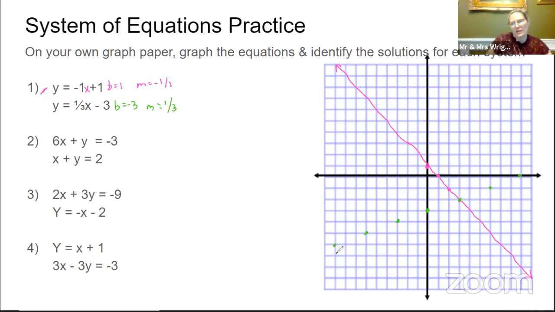All right, let's see how good I am at connecting these dots. All right, so we can see that they're going to intersect right here at this point, which is 1, 2, 3, and 1, 2, so -2. So the solution to this set is 3, -2.